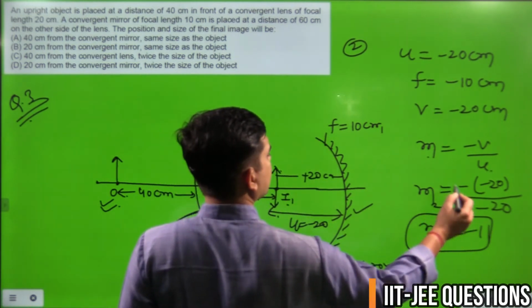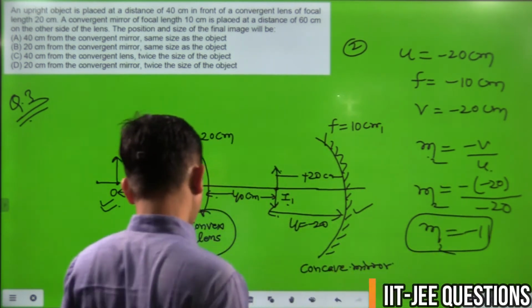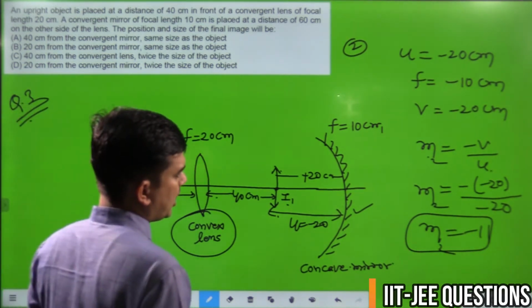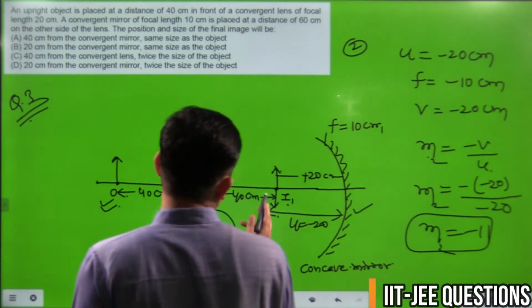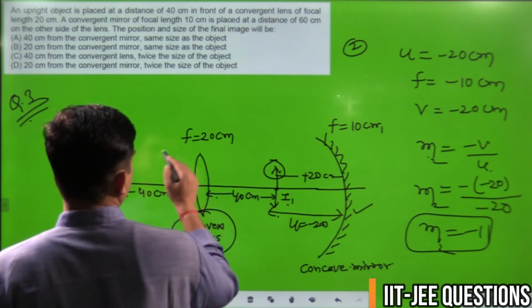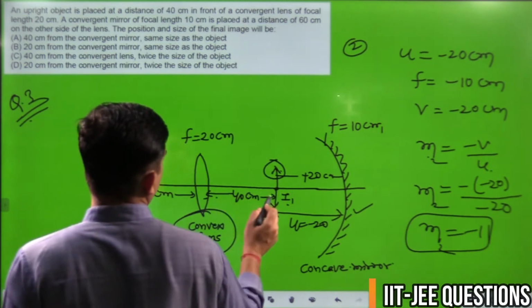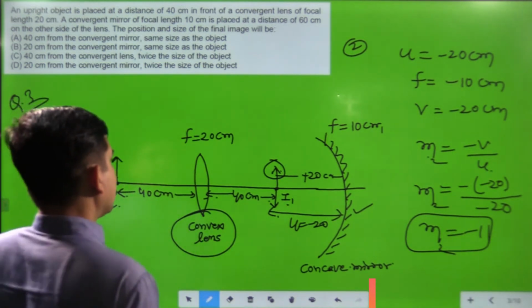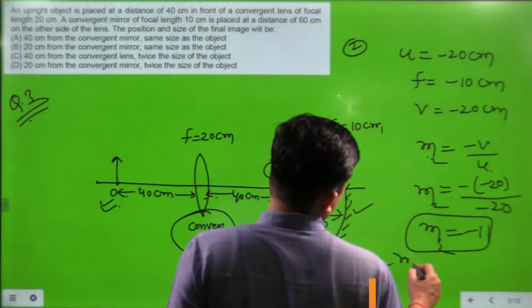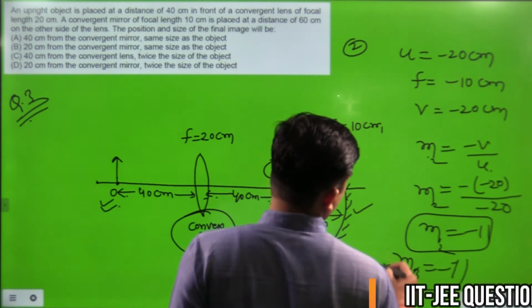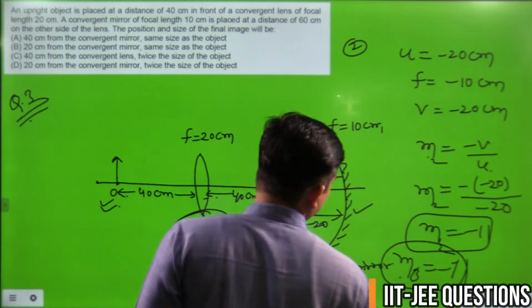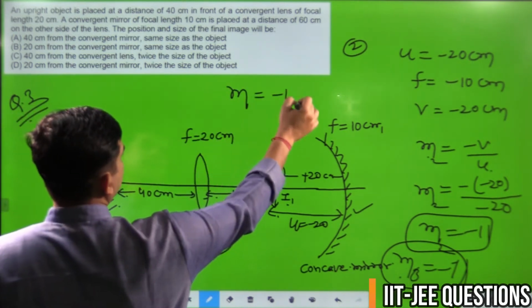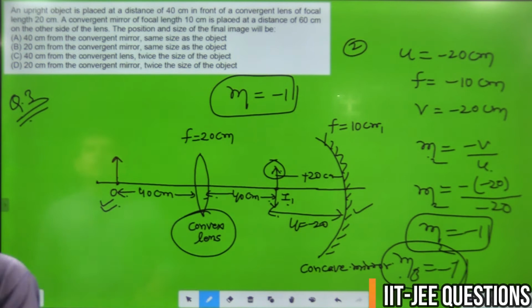The second magnification of the mirror. And in the third case again the same. If here we have an object, then an image will form. The third magnification is also -1. And the total magnification M will be -1.